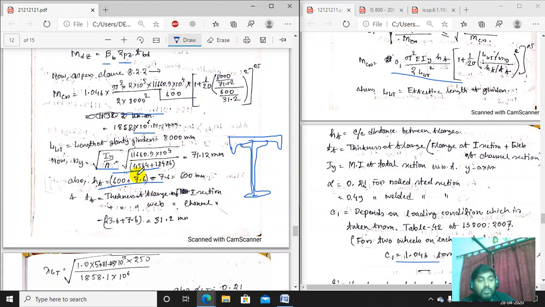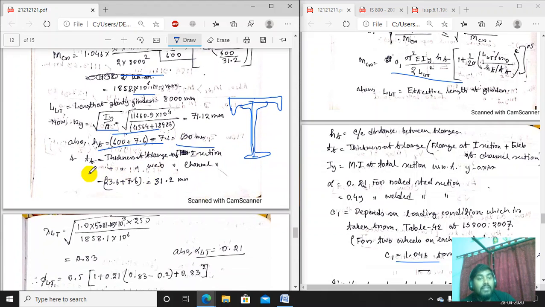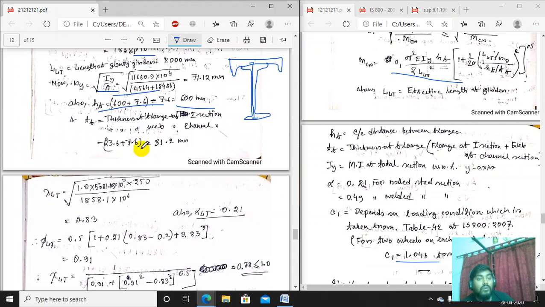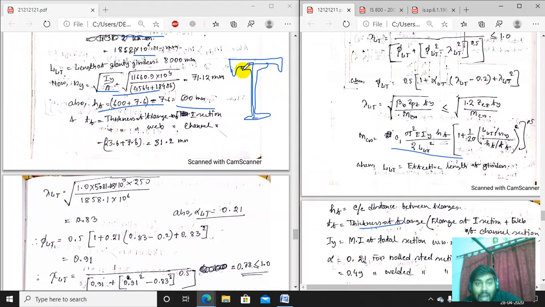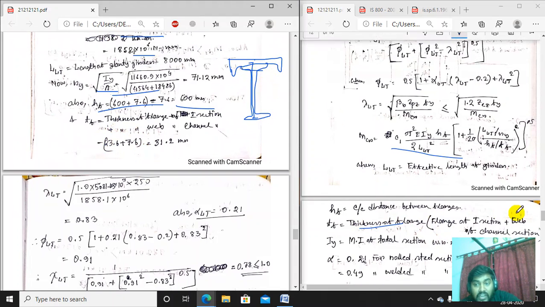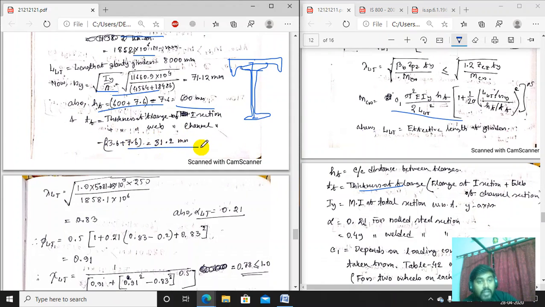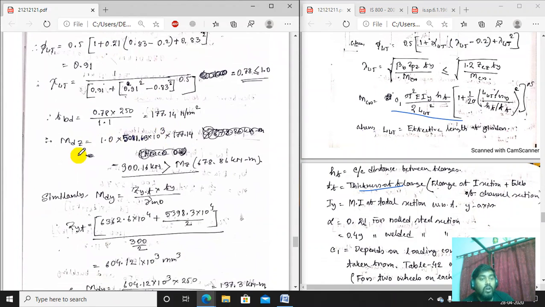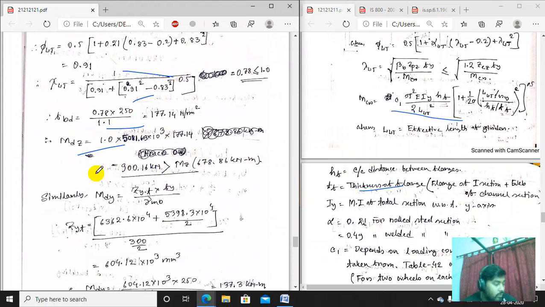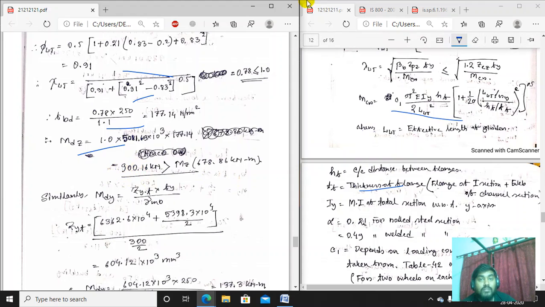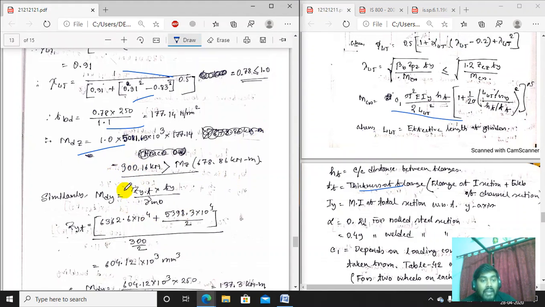So getting all the values here, hj we have determined, tf we know all the values. We are putting now. tf means thickness of the flange of I section plus flange of channel, web of channel section. So using all the values we are getting 31.2. Putting all the values here, 900.16 is the value of the Mdz we are getting. Okay, 900.16 is the value of the Mdz we are getting.